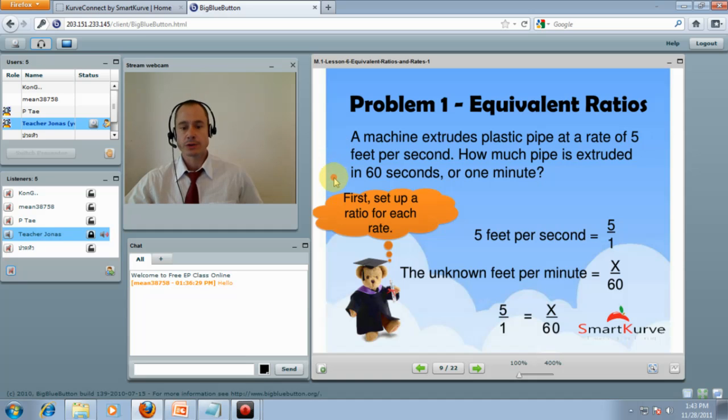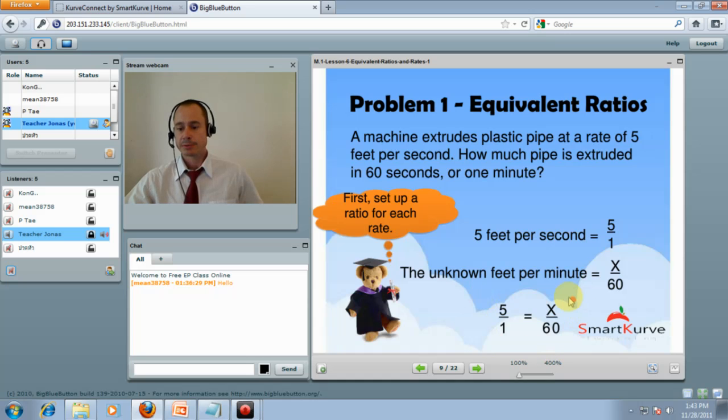First of all, you have to set up a ratio for each rate. We know 5 feet per second. You can make this a fraction, 5 divided by 1, because it was 5 feet per 1 second. And then the unknown feet per minute. In this case we call it x, and we divide it by 60, which is 60 seconds in 1 minute, of course.